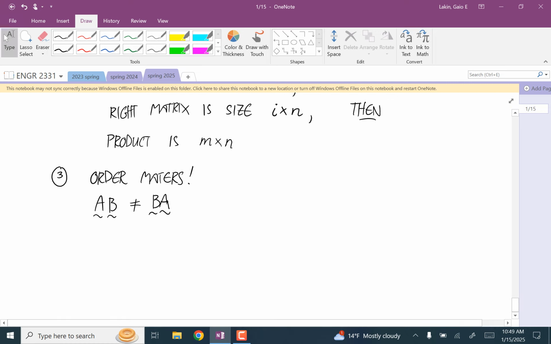And then the last thing to keep in mind is that grouping doesn't matter in multiplying these.